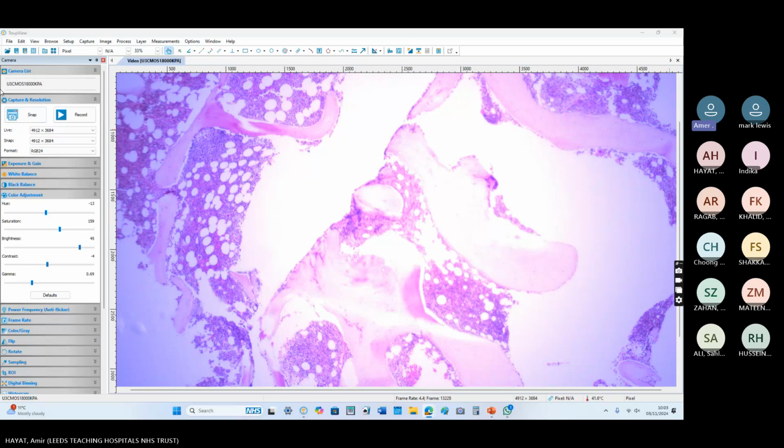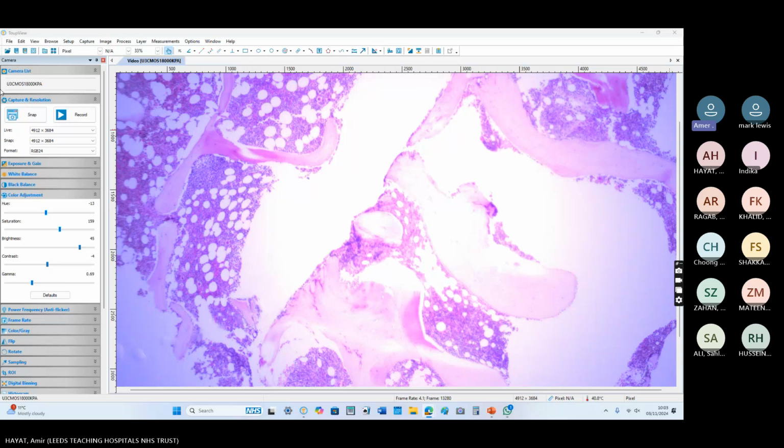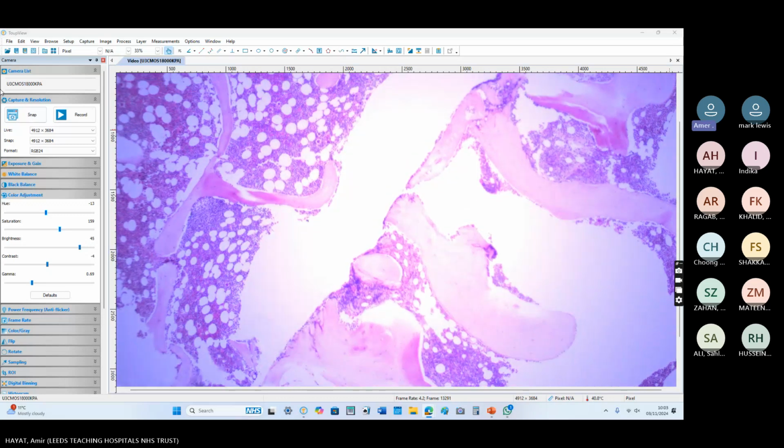So this patient has likely lymphoma because the LDH is very high. He has constitutional symptoms. So I will go to this trephine.